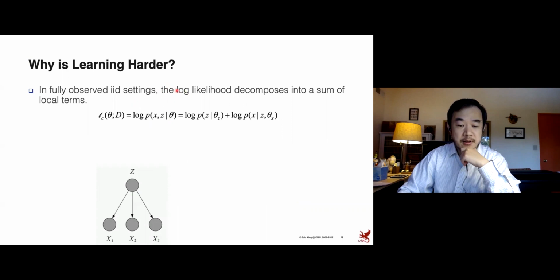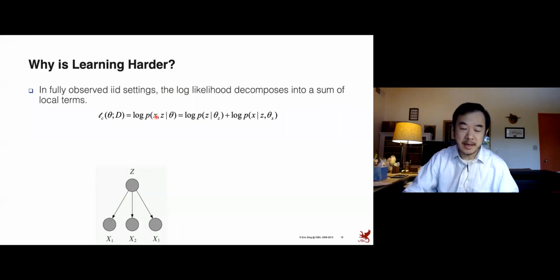Imagine that now we observe fully observed data. Let's imagine there are no latent variables. That basically makes the mixture of Gaussian model not necessarily a mixture model. It's still a mixture model, but it's fully observed. You don't have a clustering problem. In this case, x and z are both given, and then you write down the log likelihood of x and z. Remember that the joint probability of x and z can be expressed by a product of p of z and p of x given z.